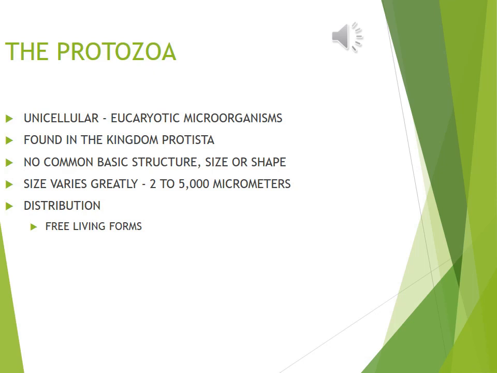This dormant state is usually present when these protozoa are in a dry condition, and they do this because they want to preserve their genetic material. So I repeat, protozoa are usually present in a dormant state called a cyst.